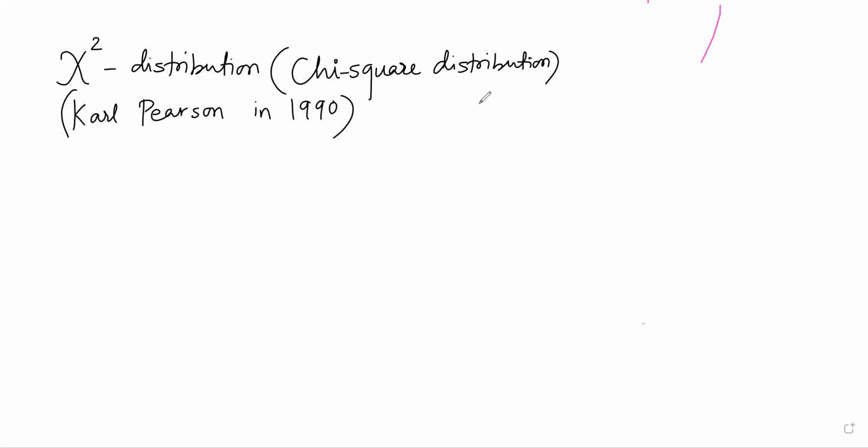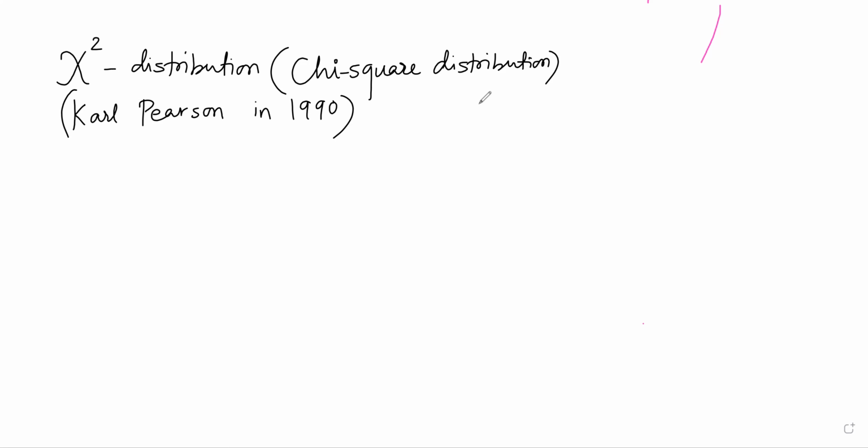This chi-square test is a non-parametric test, and we are going to see the chi-square test of independence and the goodness of fit, which are used everywhere. This quantity chi-square describes the magnitude of the discrepancy between the theoretical value and the observed value.